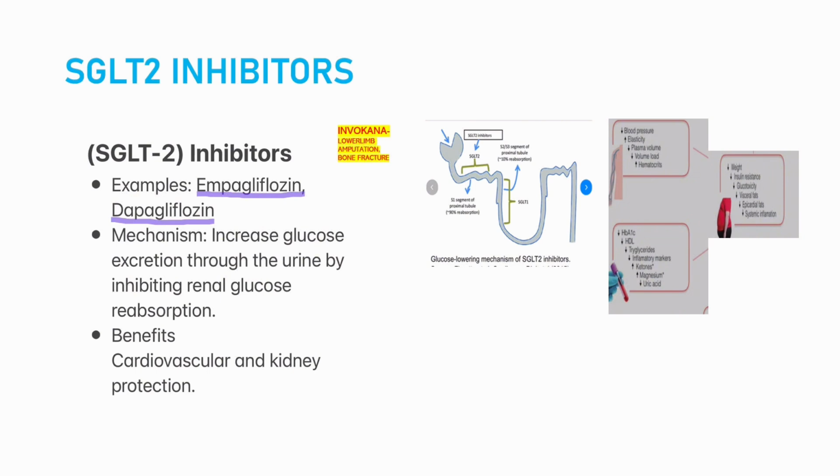This happens because the glucose is excreted in the urine. It's contraindicated in patients receiving dialysis, and because of the risk of dehydration, hypovolemia and loss of water, and hypotension, this is not advised in elderly patients.